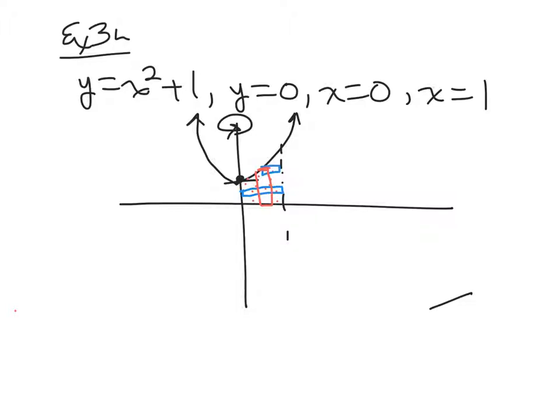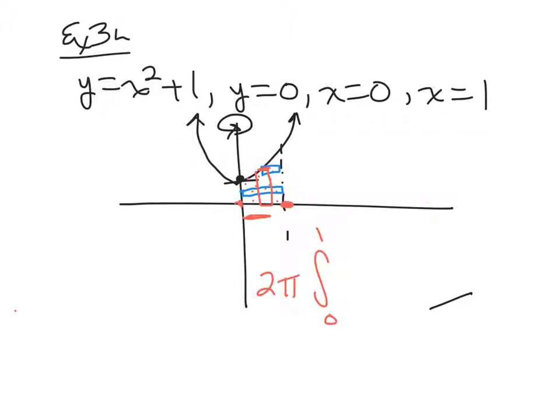The red rectangle is the one we need, and we can work in terms of x. So we'll go 2 pi times the integral. If we're going to be in terms of x, we'll go from the left endpoint to the right endpoint of our bounded region. So from here to there, we'd have x coordinates of 0 and 1.